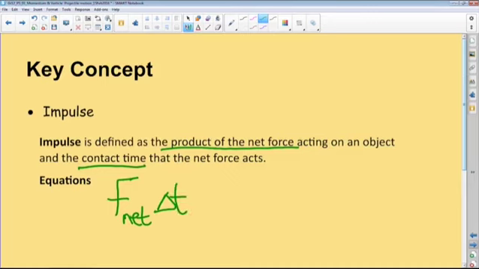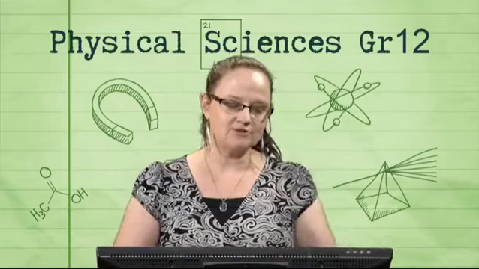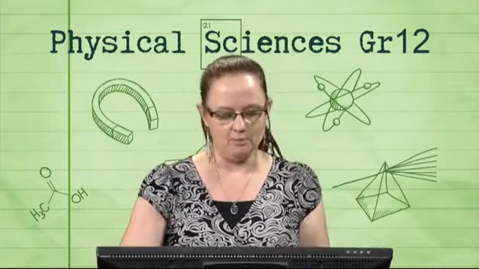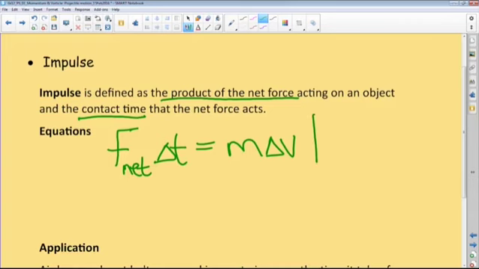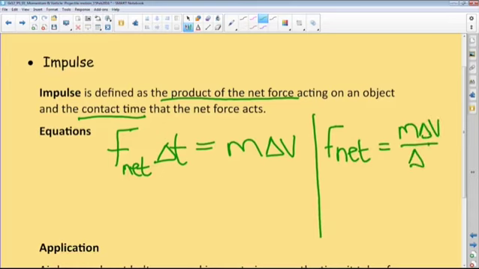But where do we get impulse? Well, impulse is actually equal to change in momentum. It's a very important concept. Impulse is equal to change in momentum. And if you look at this, and I'm just going to rewrite here, if I go F net equal to M delta V over delta T, Newton's second law in terms of momentum.